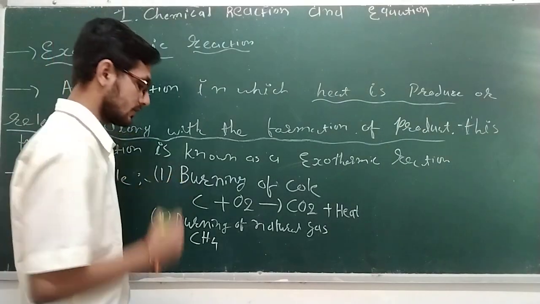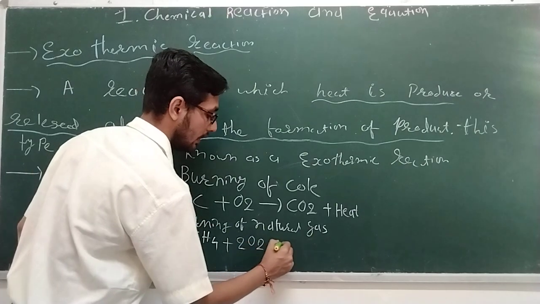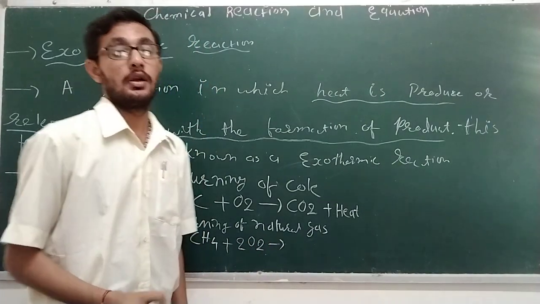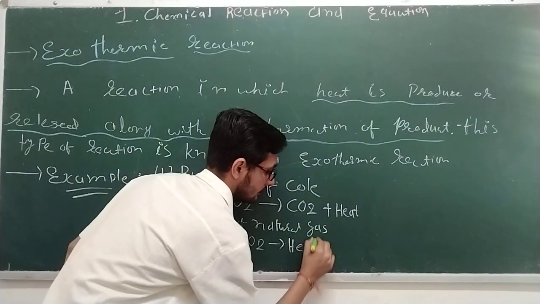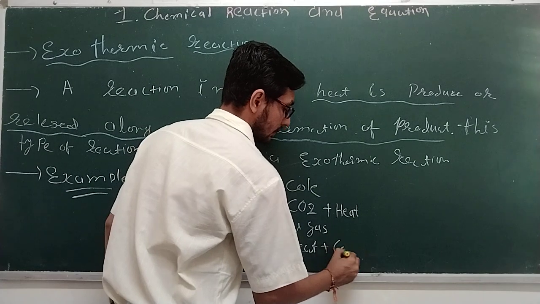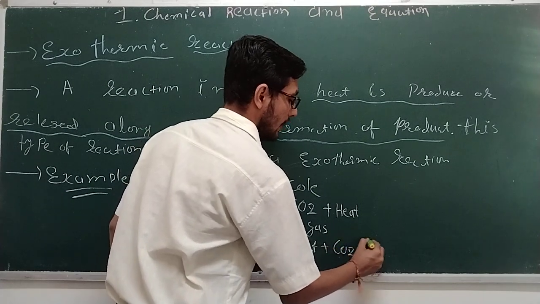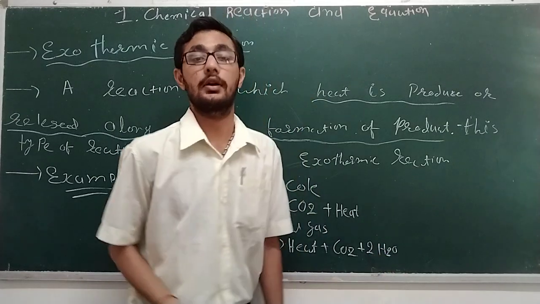Methane is a natural gas. It combines with oxygen and produces a large amount of heat, plus it gives carbon dioxide and 2 moles of water as a byproduct.